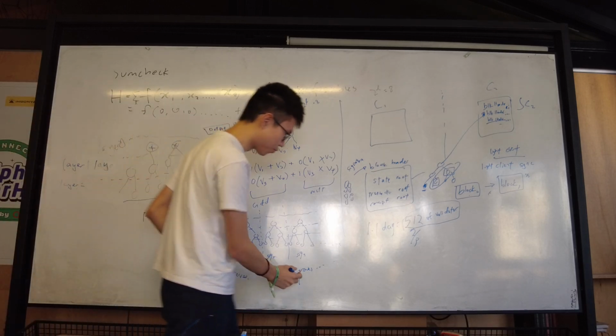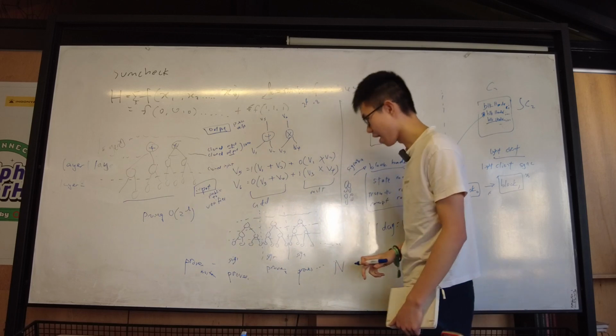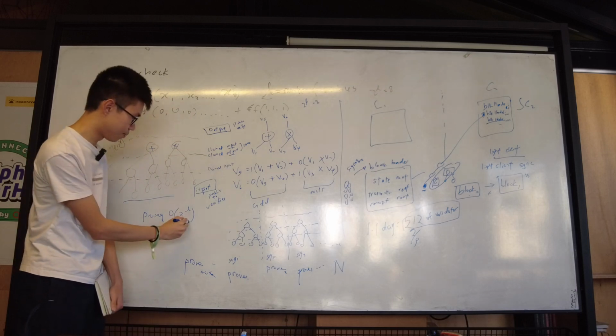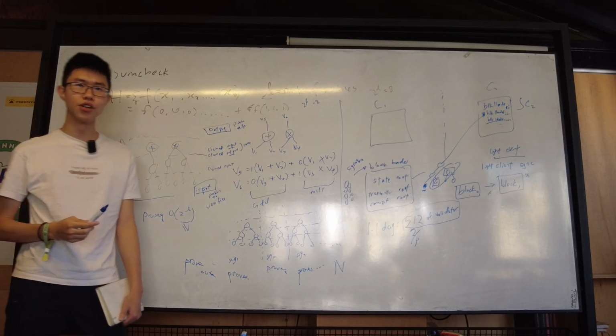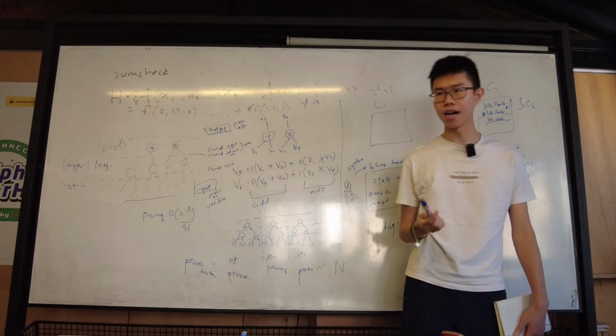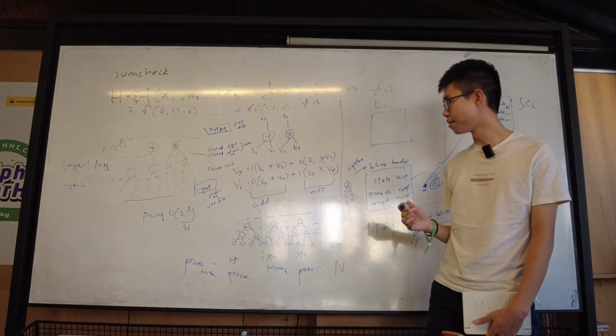Depending on how many provers you have, let's say you have n provers, the proving time will be just divided by n, right? So I guess the motivation is just to speed up the proving time and make it faster.